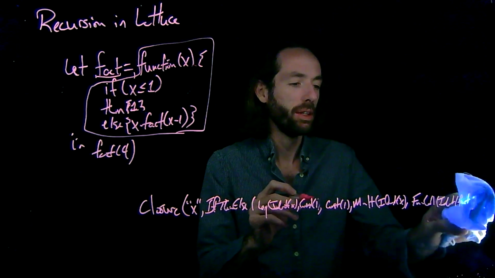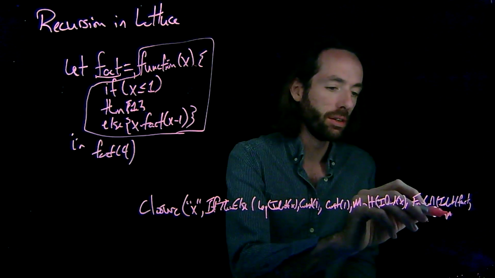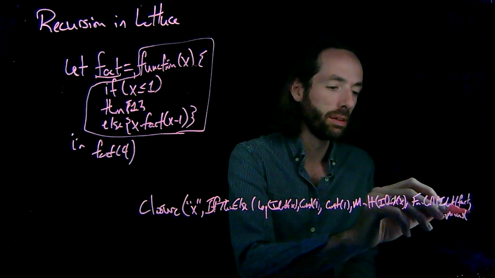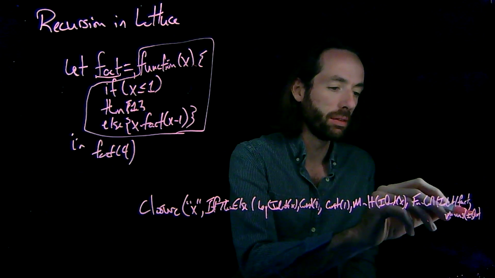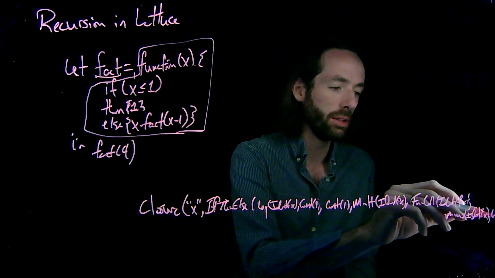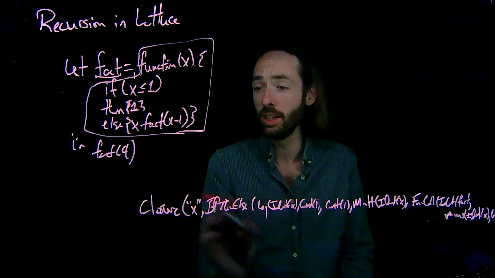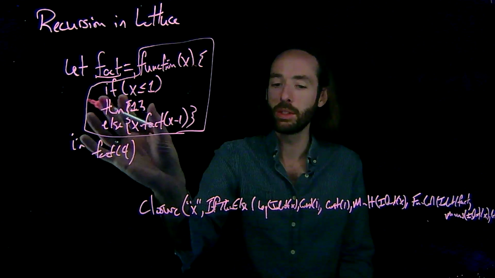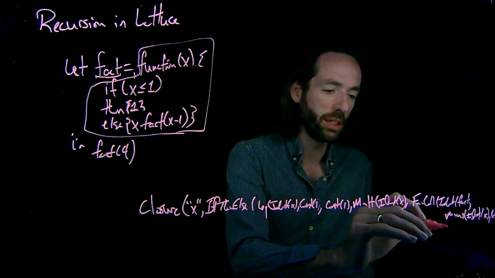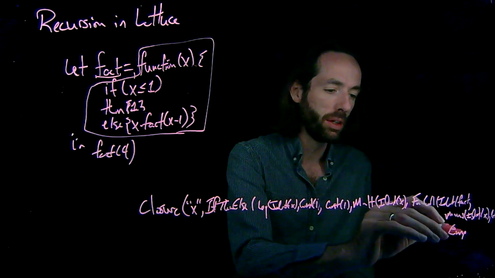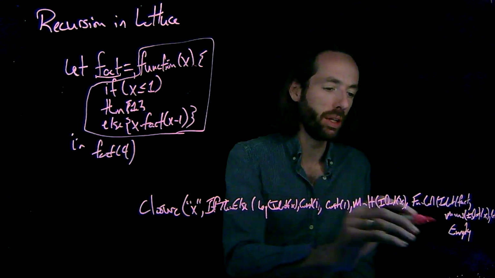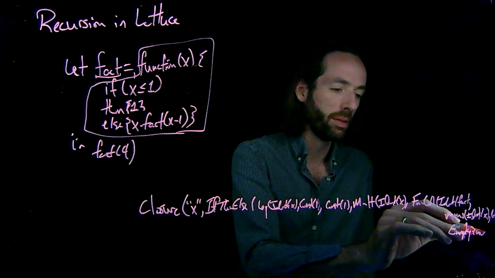We should have technically a full minus ident x const 1. So if I have enough closing brackets on there, then this closure is exactly what's going on here. Oh, and we also need our local environment, which at the moment, since there's nothing else going on, is the empty environment.